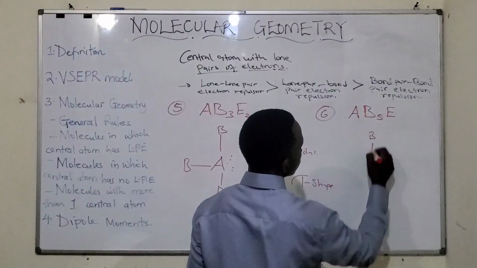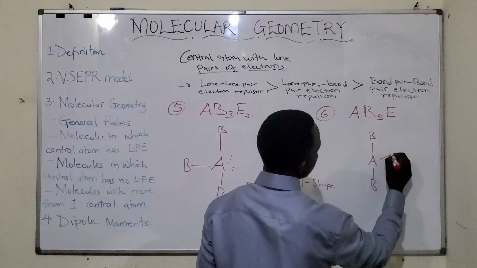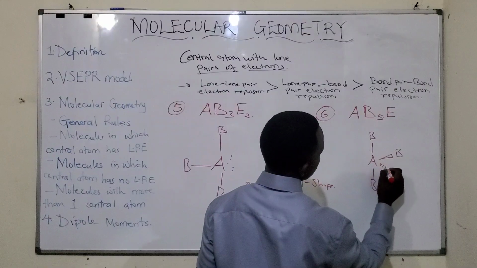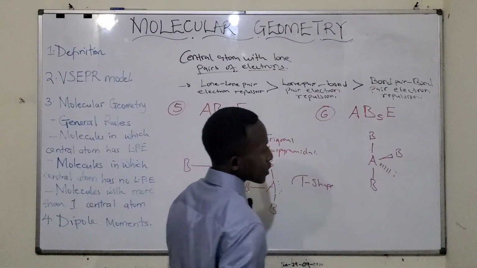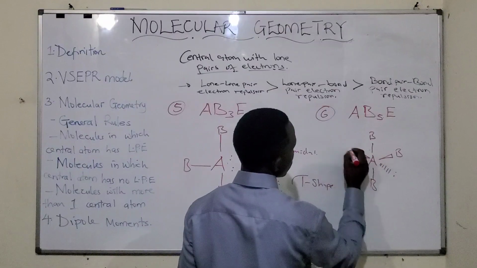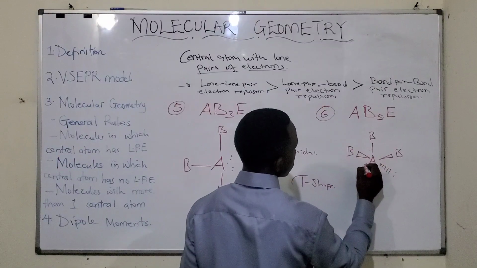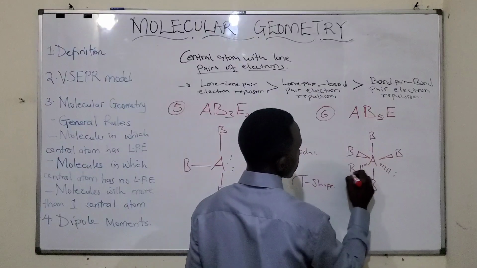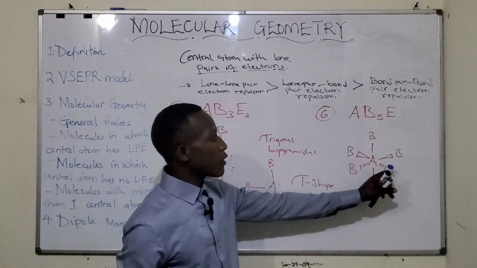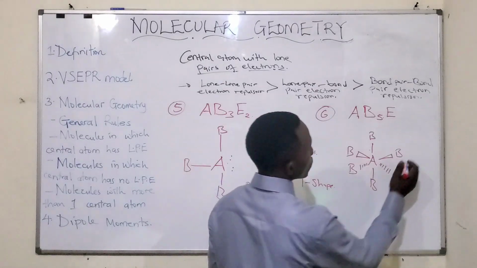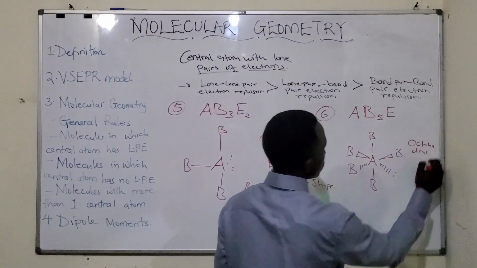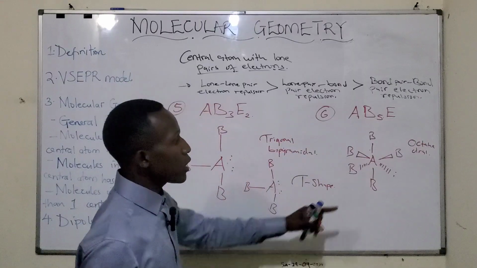We have B with B. So this one is as if it's a lone pair. We have B and this one is B. So if a lone pair behaves like a bond pair of electrons, we shall have this structure which is octahedral. It's like octahedral.